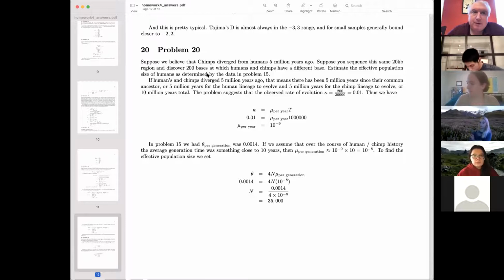The chimps and humans are not currently the same population. So there is very little chance any of us have a common ancestor with a chimp before the common ancestor with each other.